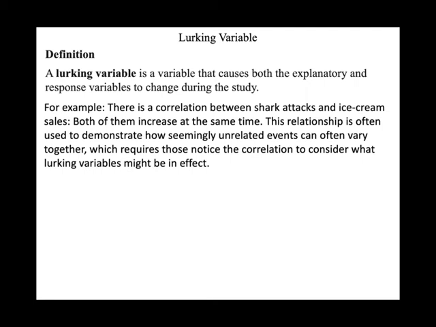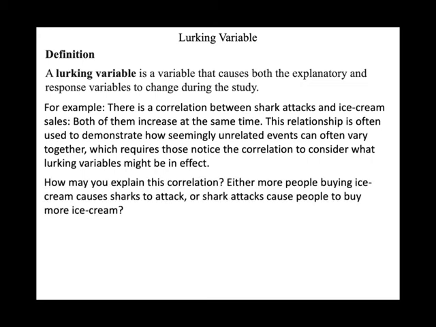Since we know that shark attacks and ice cream sales are two different events, we may consider that we do have a lurking variable in between. And when we say there is a correlation, how can you explain this correlation? Either more people buying ice cream cause sharks to attack, or shark attacks cause people to buy more ice cream?